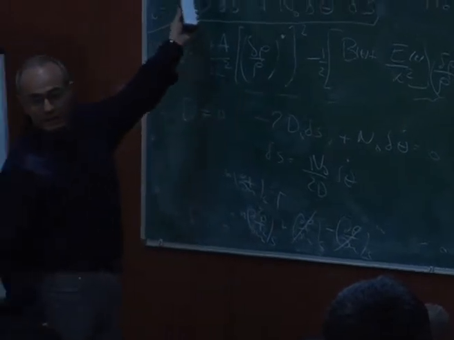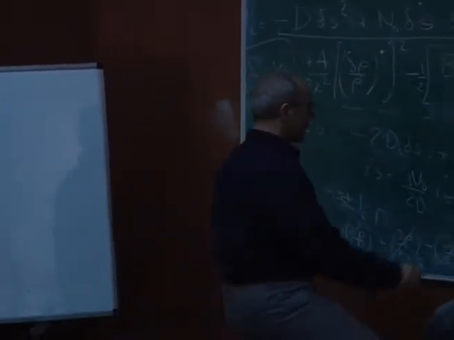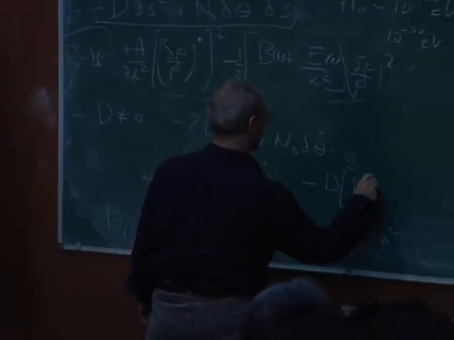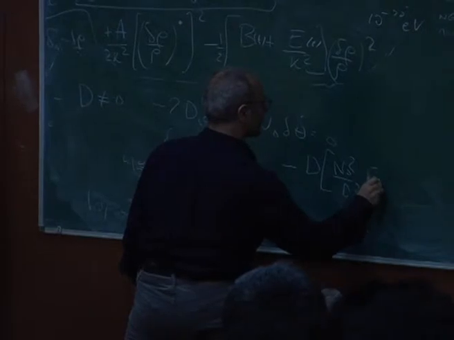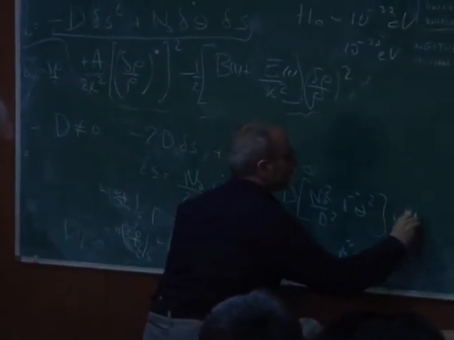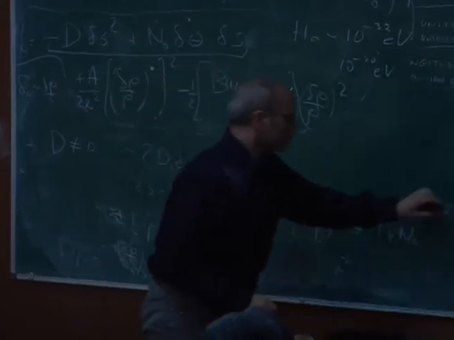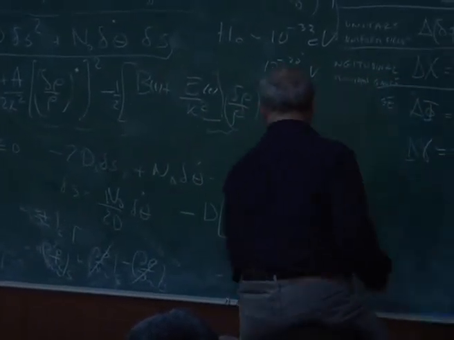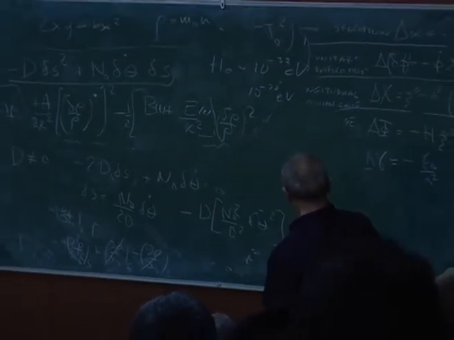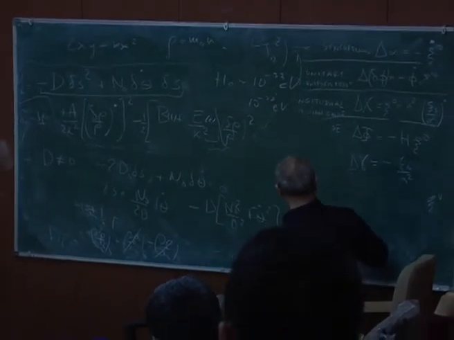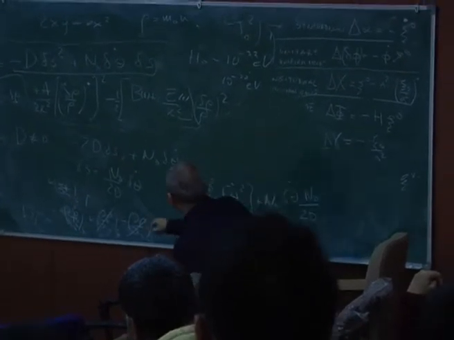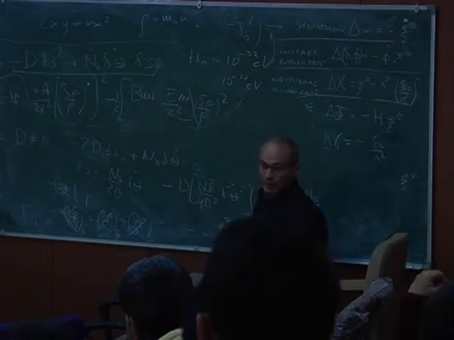Then I replace into this expression here. I will get minus d times n0 squared divided by d squared delta theta dot squared, plus n0, and then I have to replace delta theta dot and delta s, which is n0 over 2d. Sorry, there was a 2, no? So there is a 4 here.